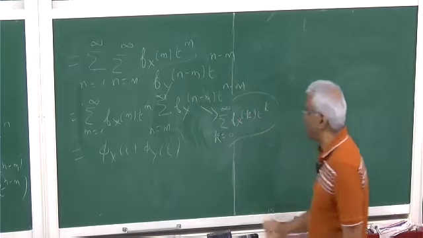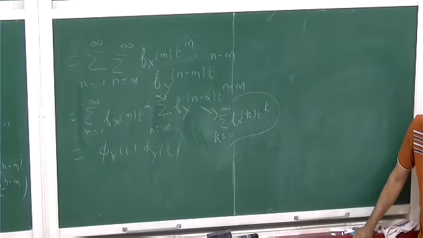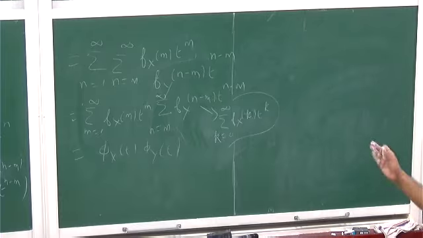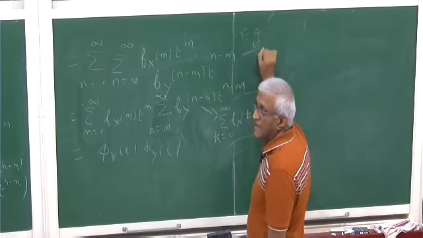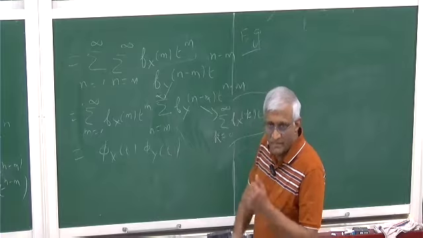That will be easier. To change the variable, substitute k equal to n minus m, you get this. That's done. Now let's do some example. Maybe we'll stop.